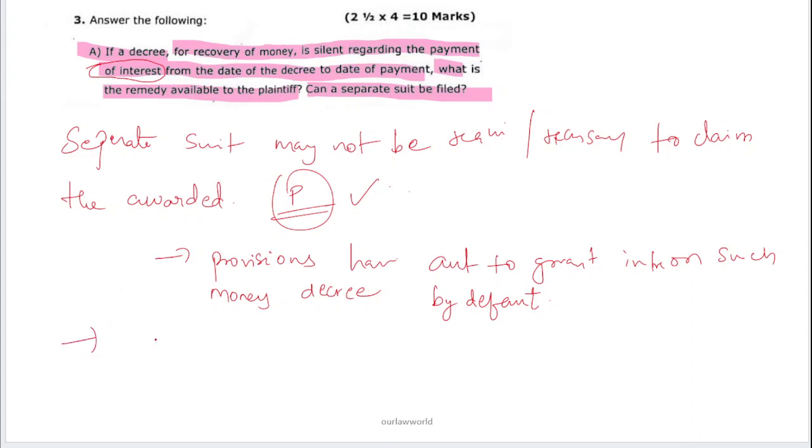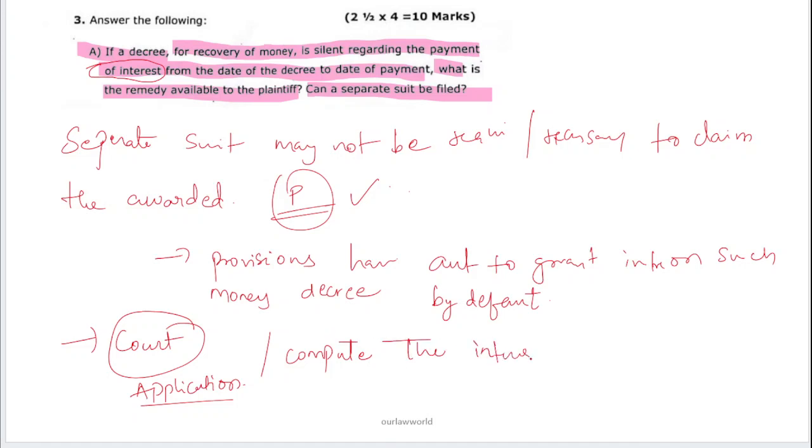But in some cases the plaintiff can still apply to the court which passed the decree. He has to make an application to the court which passed that specific decree, or the relevant authority, to compute and calculate the interest amount. For this, a separate lawsuit is not necessary. He can just apply to the court which passed the decree and ask it to compute the interest amount for this money recovery decree.